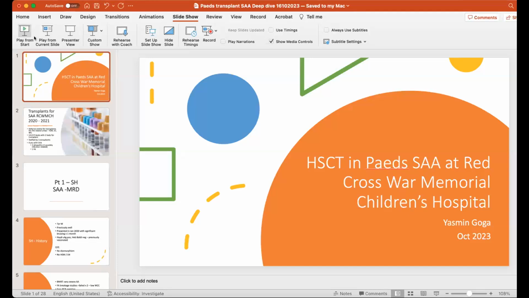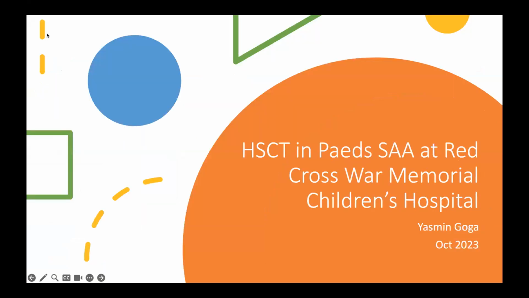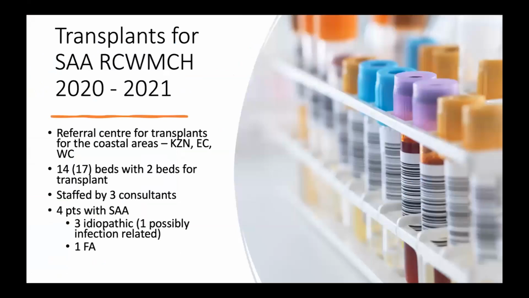Okay, so what I'm going to be doing is just sharing some of our experiences at Red Cross Children's Hospital. Just for context, these patients were transplanted between 2020 and 2021. Red Cross serves as the referral center for transplants for the coastal areas. So KZN, Eastern Cape, and Western Cape all refer to Red Cross.